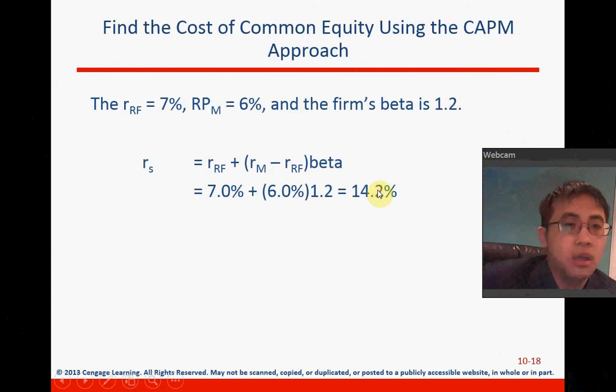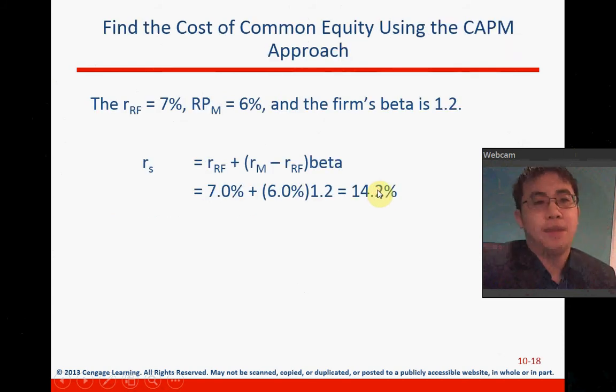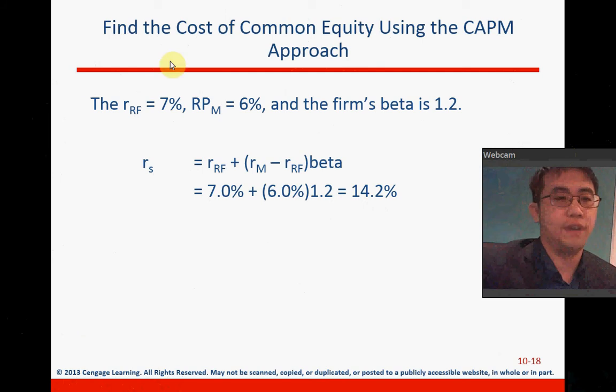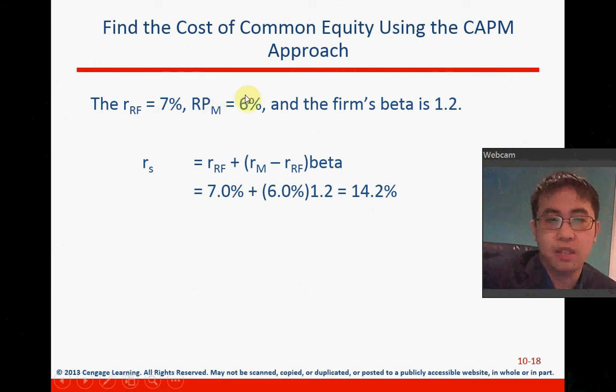So if you follow CAPM, you have risk-free rate equals 7%. Risk premium of the market is 6%, and by the way, risk premium of the market is market rate minus risk-free rate. And the beta is 1.2.